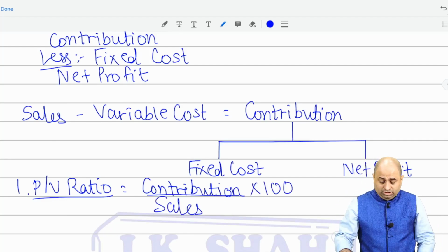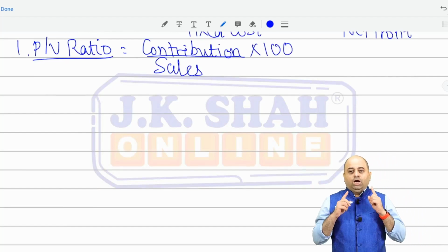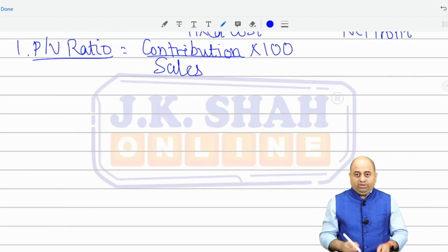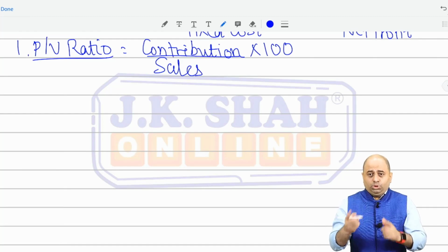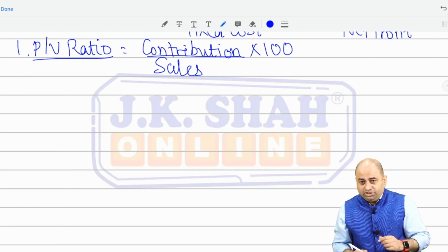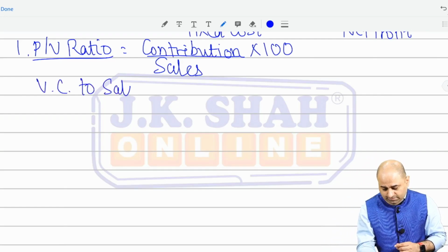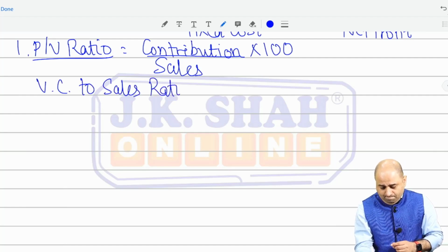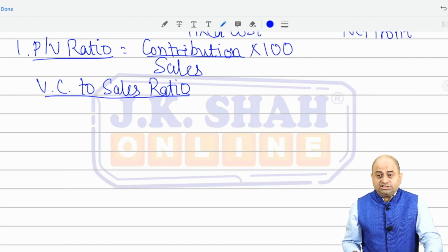That is PV ratio. Secondly, now guys, listen to me. PV ratio is a percentage relationship between contribution and sales. From this, one more thing which you can find out is VC to sales ratio, that is variable cost to sales ratio.